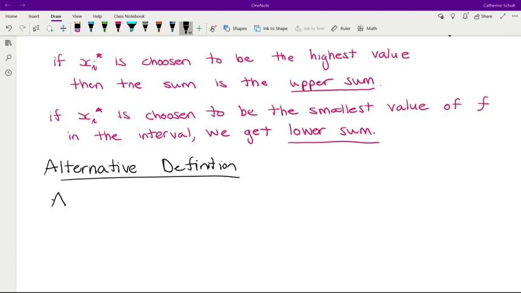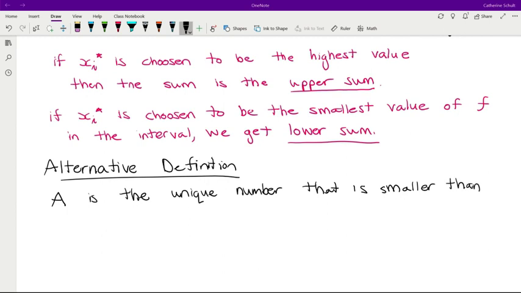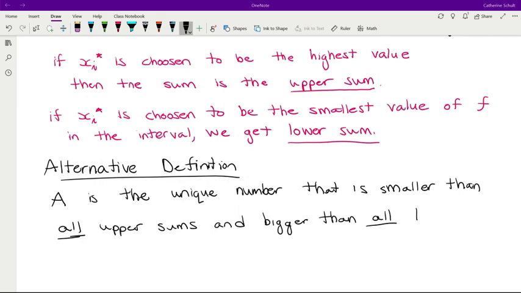Okay, so A, the area, is the unique number. There's only one that is smaller than all, keyword all, upper sums, and bigger than all lower sums.